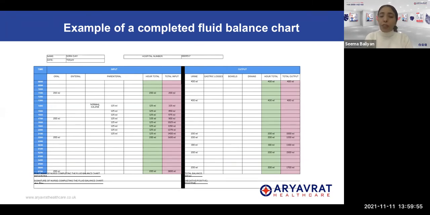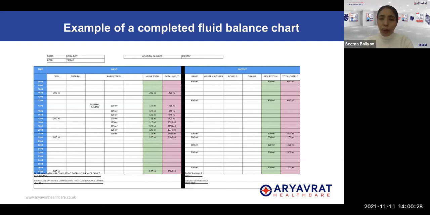In this case, 1800 ml minus 1700 ml, your total balance is 100 ml, which is a positive balance, because you have taken in more and the output is less than the input. If it was the other way around, and your output was more than the input, it would be a negative balance, because your body has lost more than it has gained. That's why it becomes a negative balance.